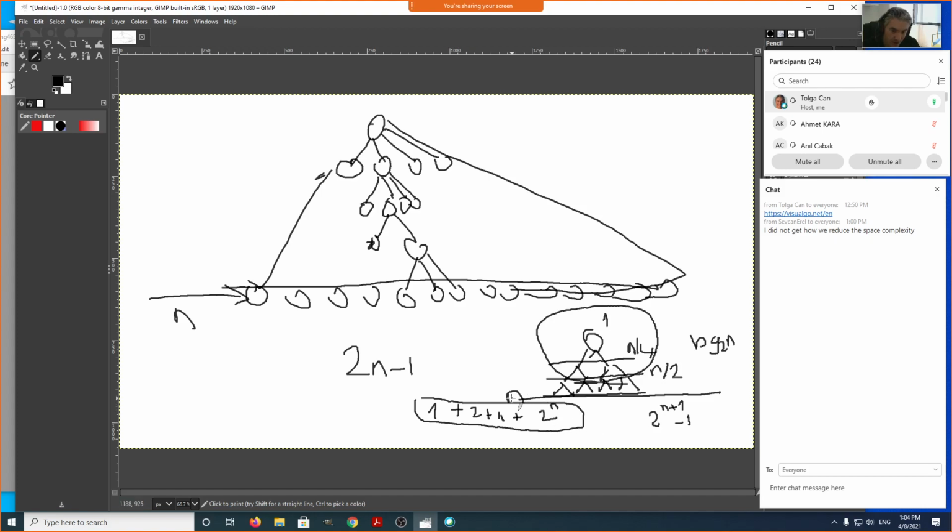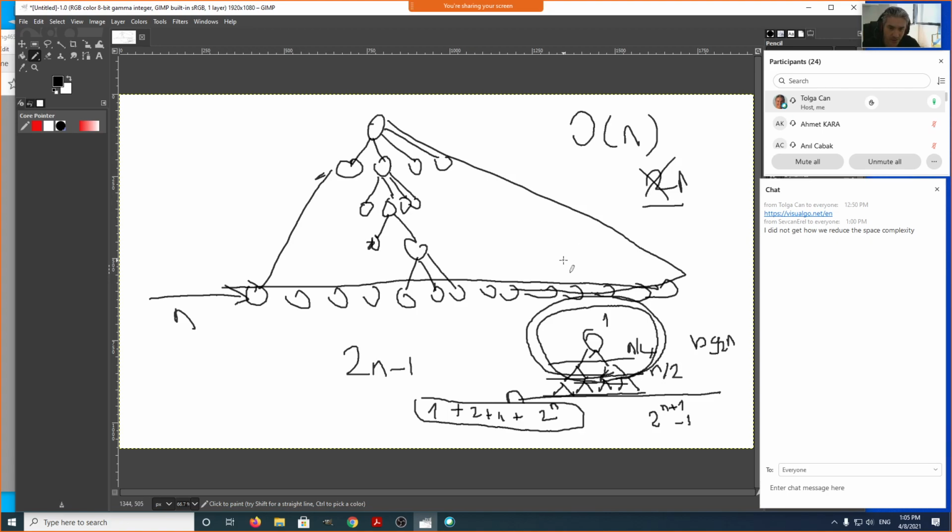Therefore, if I have n leaf nodes here, the summation of all the intermediate nodes, n is obviously going to be a power of 2 if you have a full binary tree, and therefore the total number of nodes in this case will be 2n, which is also linear. Or 2n, you forget the constant in front of it.